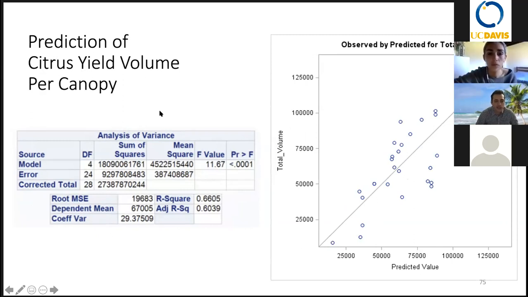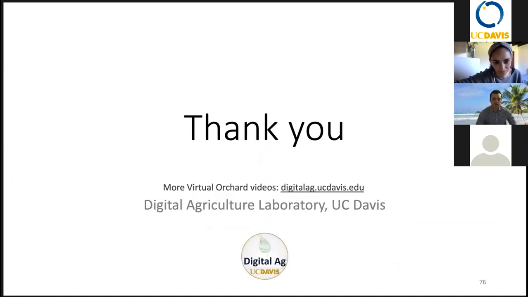This is all way in advance of harvest time. These orchards were harvested in January and February, but we had all this information in mid-season. So that's, I think, very valuable information for growers to have. Okay, so with that, I conclude my presentation today.